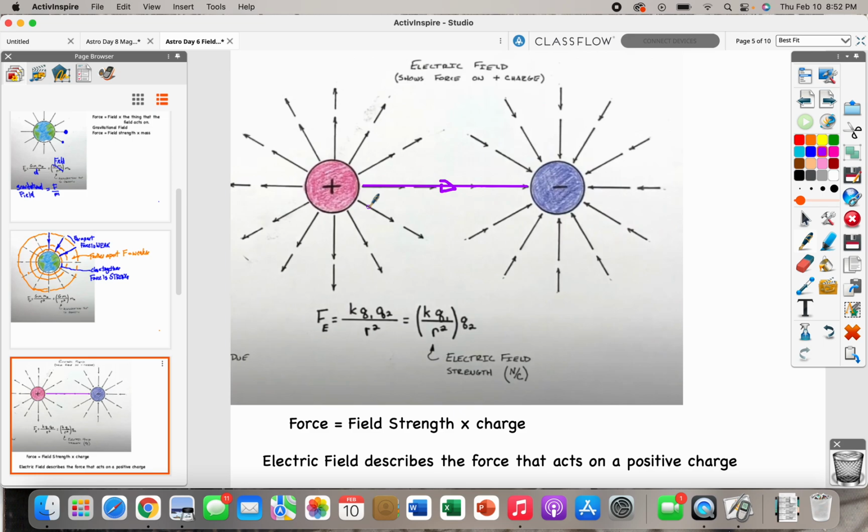But you can see that as it gets farther from the positive charge, it's going to start getting pulled towards the negative charge. And so it'll go outward, but as it goes outward, it's going to start curving, because the blue charge will have a bigger and bigger effect on it, or the negative charge will have a bigger and bigger effect on it.